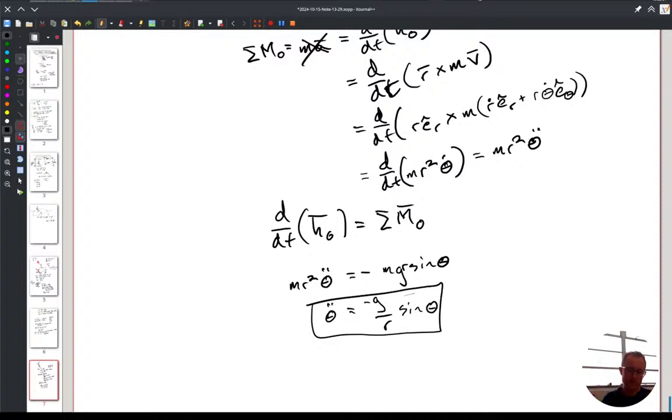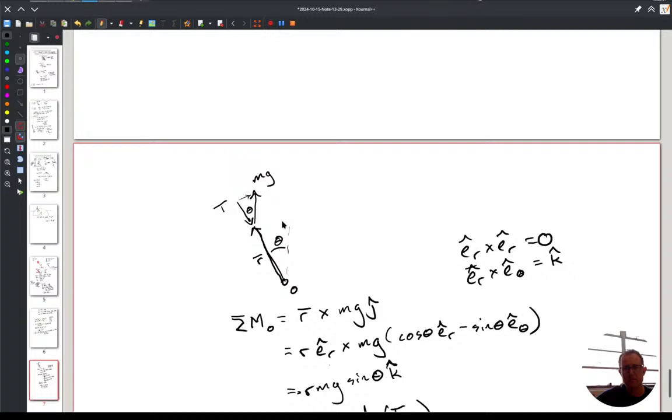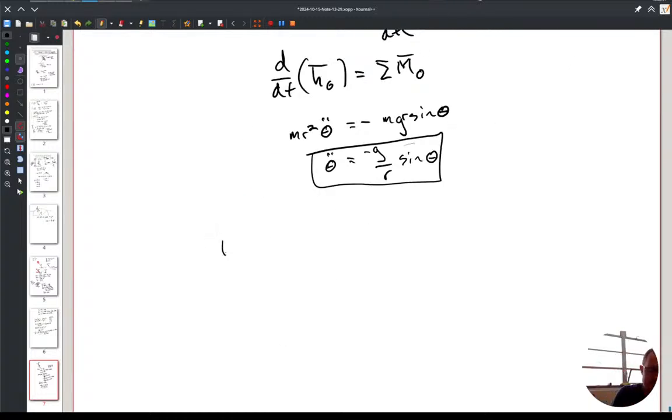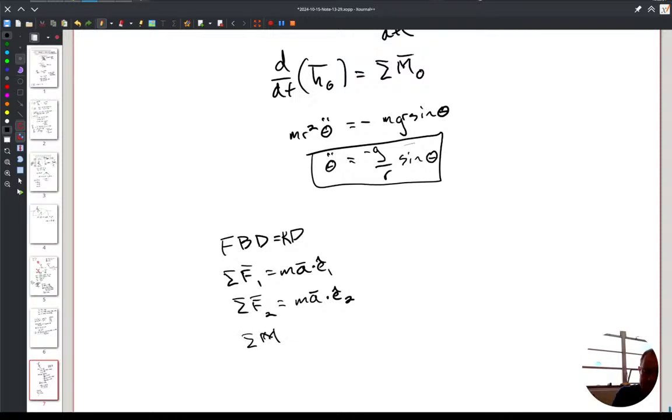But I wanted to show, really, that's our 3 when we're saying FBD equals KD, our kinetic diagram. Sum of the forces along some E1, sum of the forces along some E2, and then sum of the moments around some origin is going to be that change in angular momentum around that same origin.